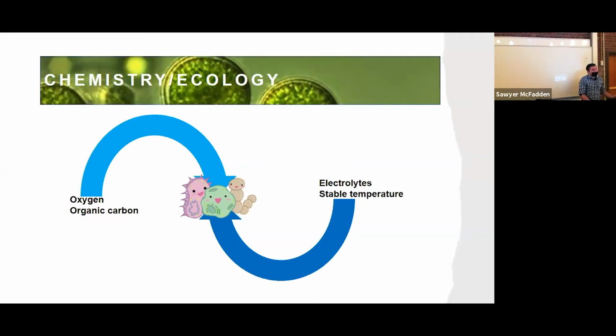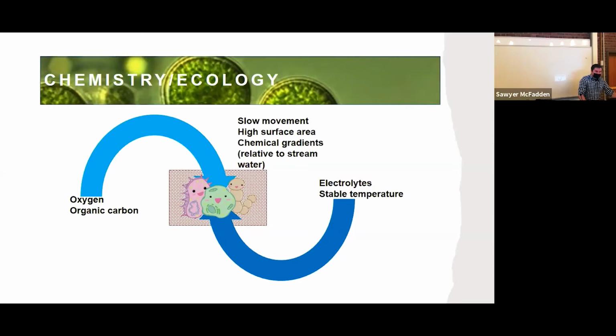And so the one thing I haven't brought in yet with this meeting of stream water and groundwater is actually the fact that it's in the subsurface versus being in a stream, which ends up being really important. So what being in the subsurface means relative to a stream is we get basically three factors that come into play. The water is moving slower through the subsurface.